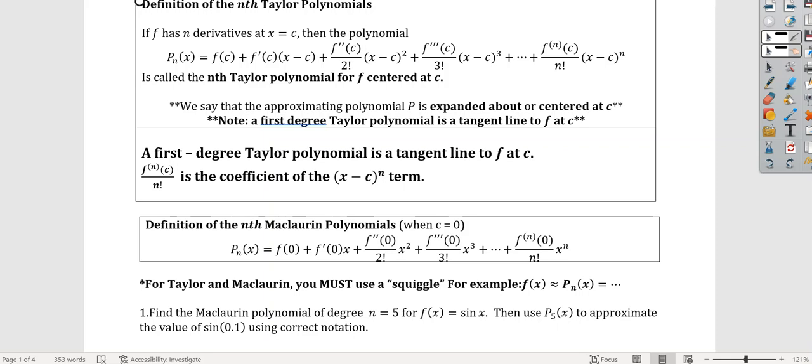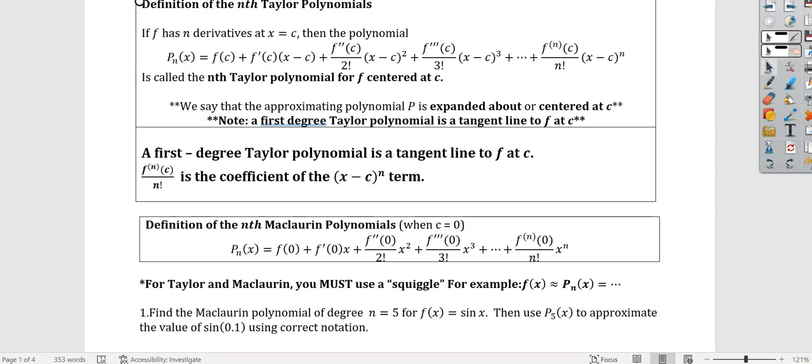You add every time, but you do the second derivative times the piece centered squared over 2 factorial. You do the third derivative cubed over 3 factorial. Fourth derivative to the fourth over 4 factorial. We don't see a factorial on the first term because it's actually 1 factorial, which is just 1.